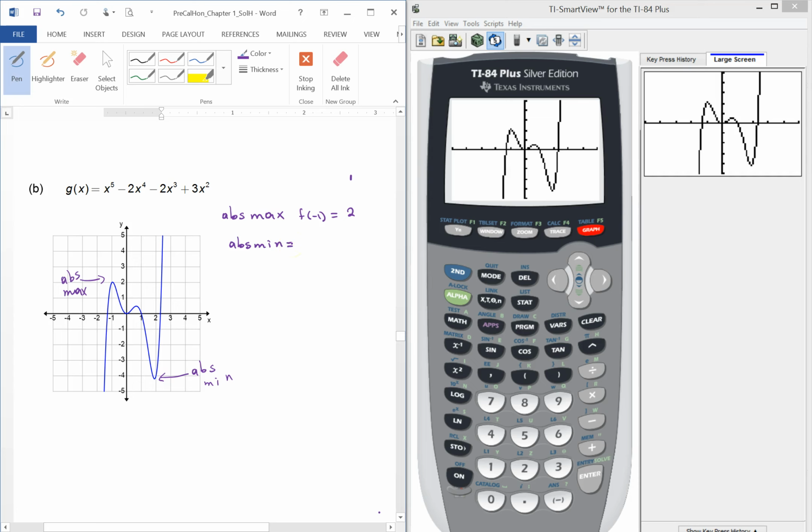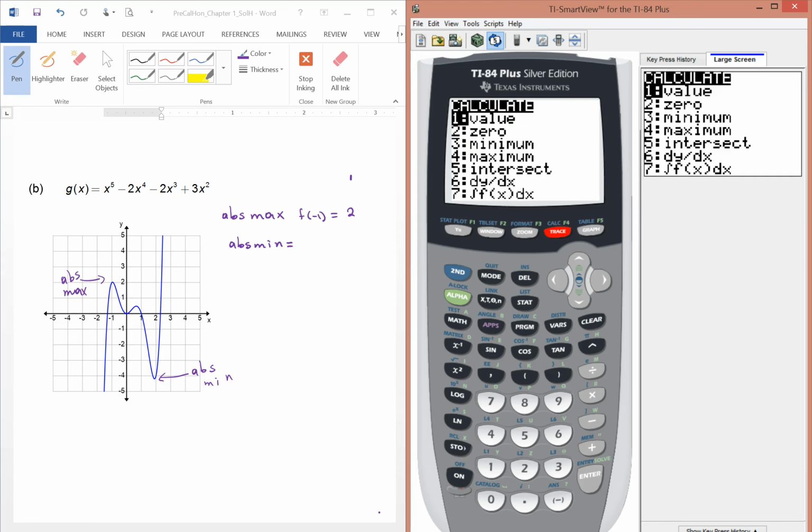What about the absolute min? No. Okay, but not the other ones though. You don't, because it's not exactly. Look at it very, very closely. Is it exactly on the corner?